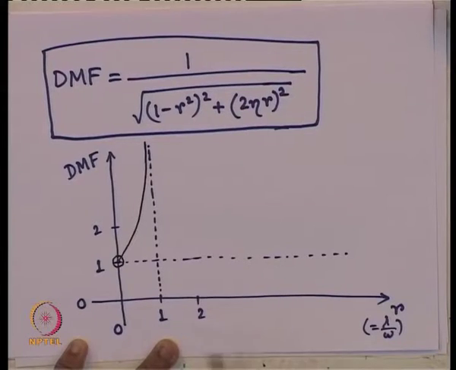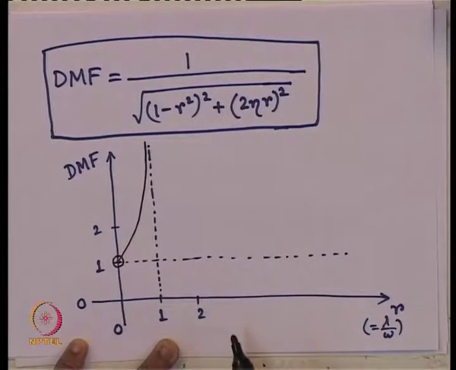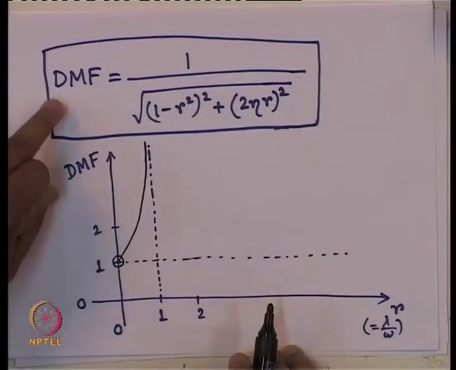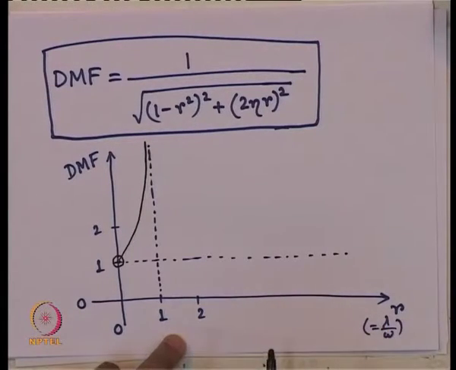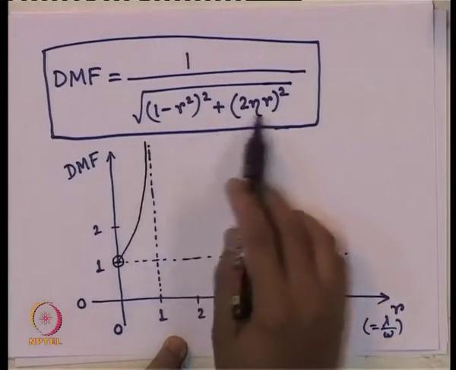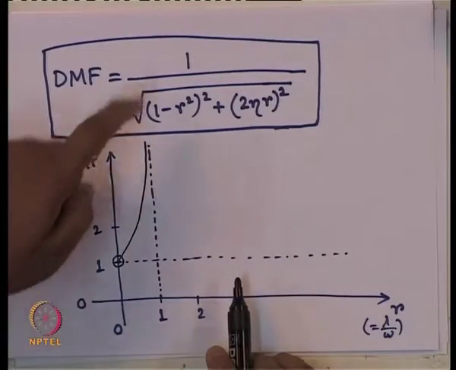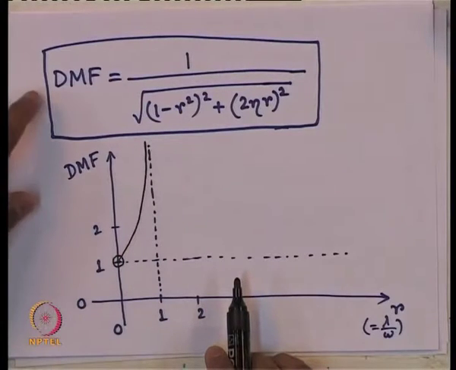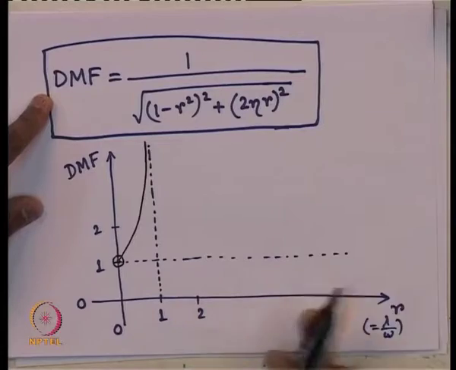And let us look when r is very, very high and eta is 0, what will happen to the value of DMF? R tends to infinity. If I put r tends to infinity in this expression, what will I get? This will be 1 by infinity, meaning DMF will approach 0 with a very high value of r.